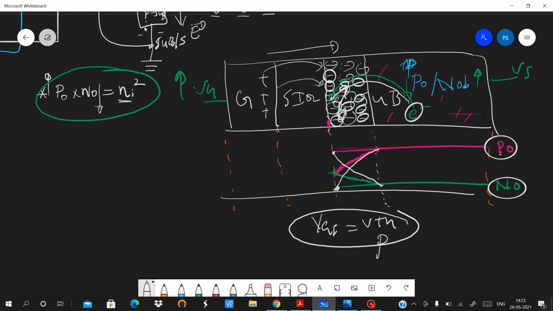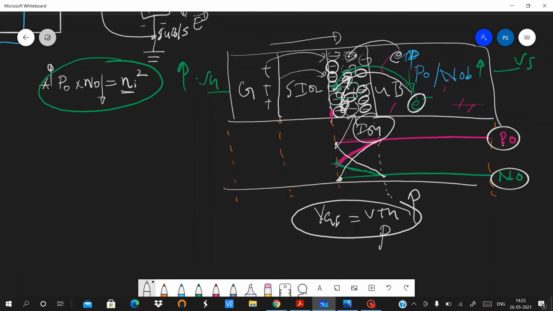Before this, all the electrons which came from this place and landed here created ions. They were not free for conduction. Only after VTH voltage the electrons became free to conduct. So this is how you must remember.